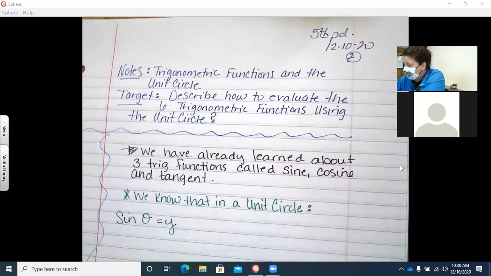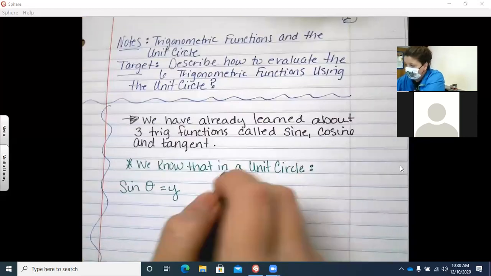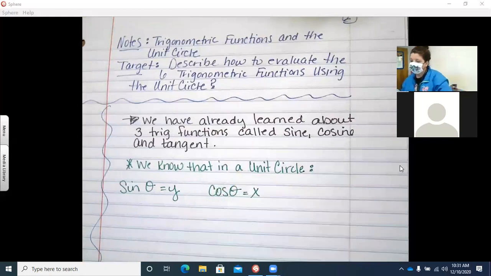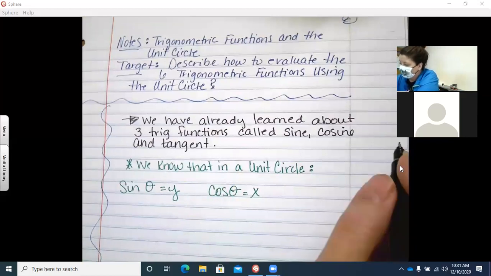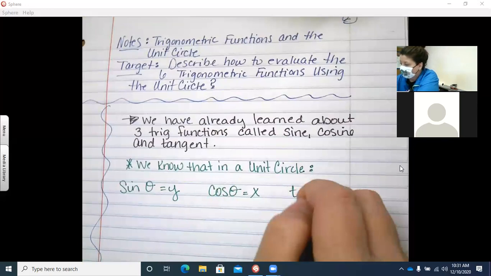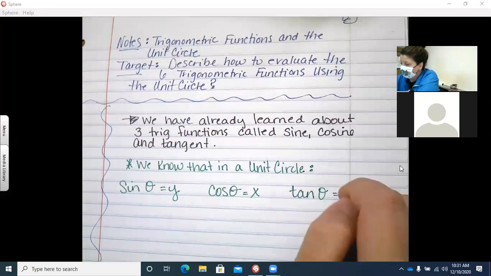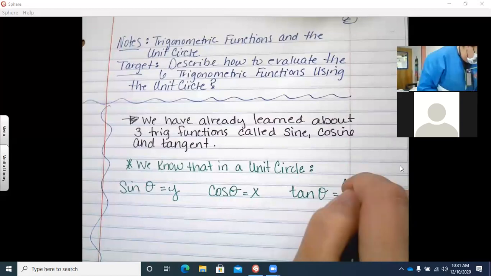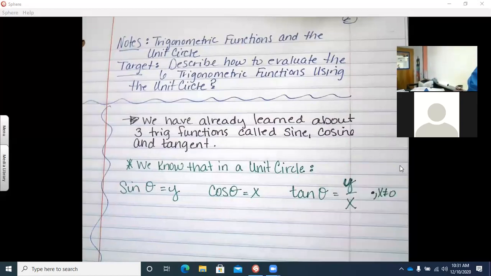Cosine of theta is equal to x. And the tangent of theta is equal to your y value divided by your x value, and x cannot equal 0, because that would give us a 0 in the denominator, and we don't want a 0 in the denominator.